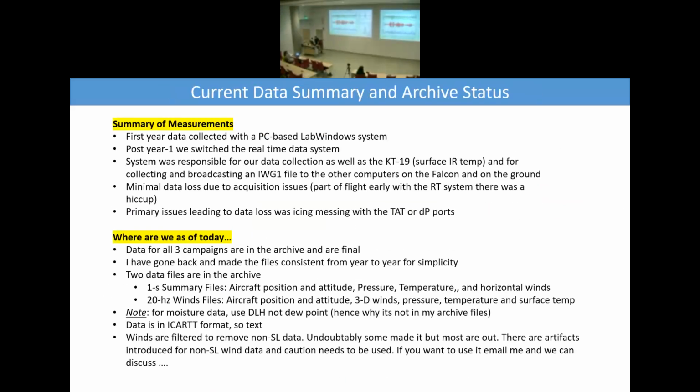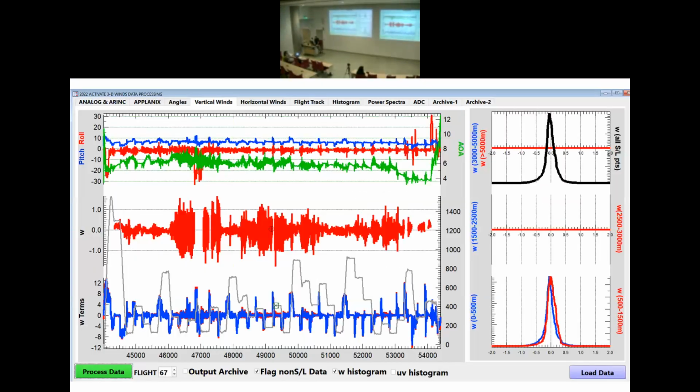It's kind of nice because I've done this more on the P3 than on these planes, but now I'm having dedicated flights on the P3 to do the exact same type of stuff. This is kind of what I look at, and if you use Igor, these plots look familiar. You can see the platform velocity and the resulting other term.